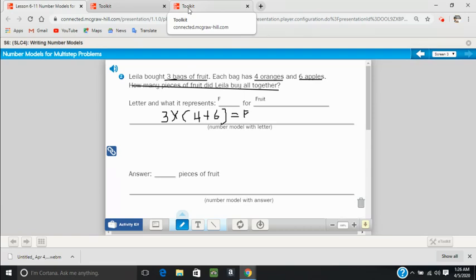And for this one, I want to use the part total.